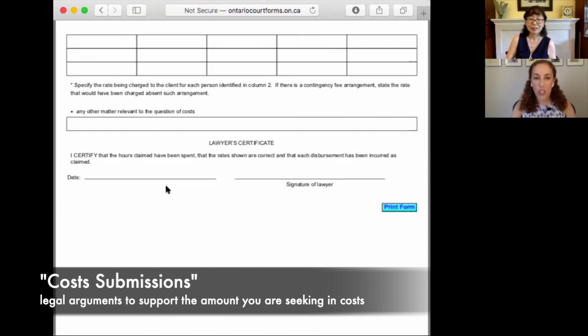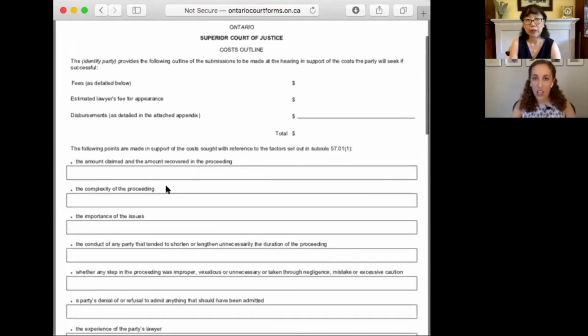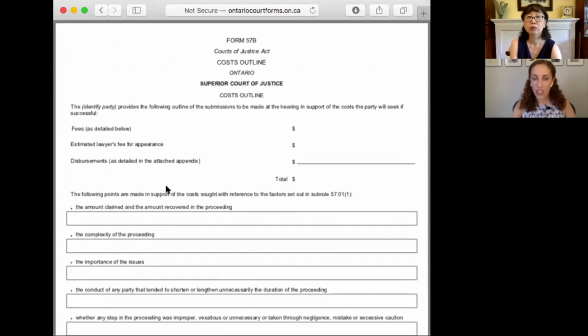Sometimes a court wants to just look at a cost outline, but if it's a more complex motion, they will oftentimes welcome short written submissions, a short written argument as to why you're entitled to the amount that you're seeking. Is there a partial indemnity or substantial indemnity application to disbursements, or would they be fully compensated?